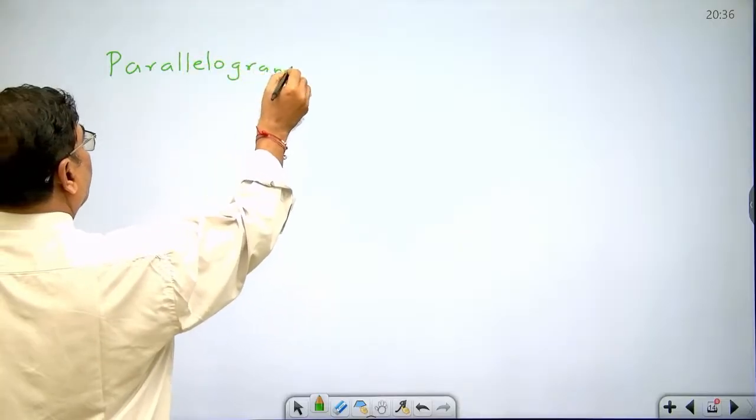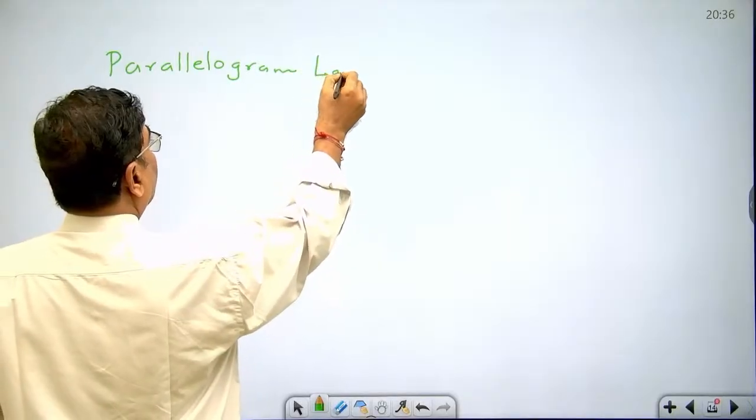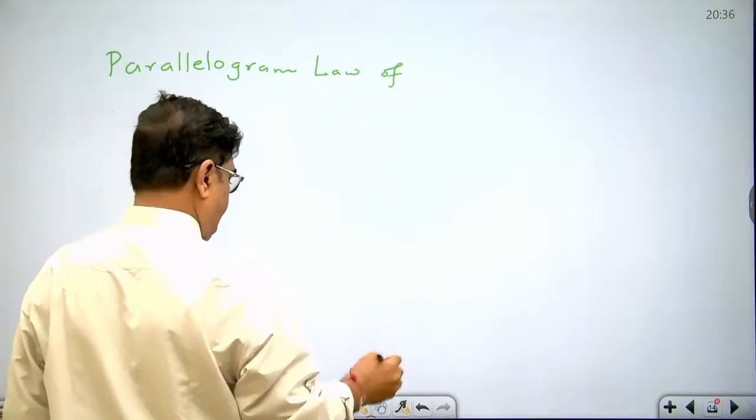This is the parallelogram law of vector addition.